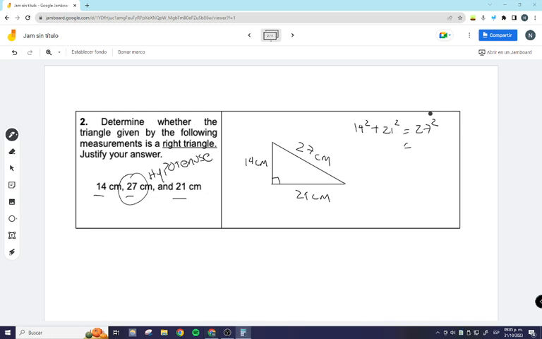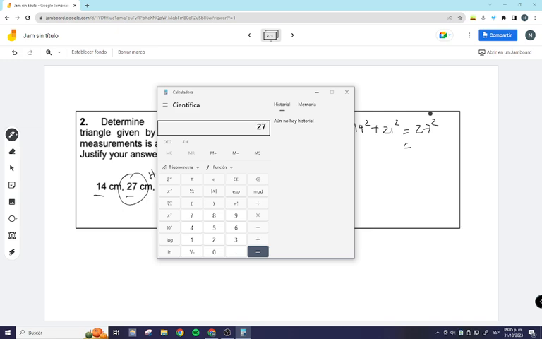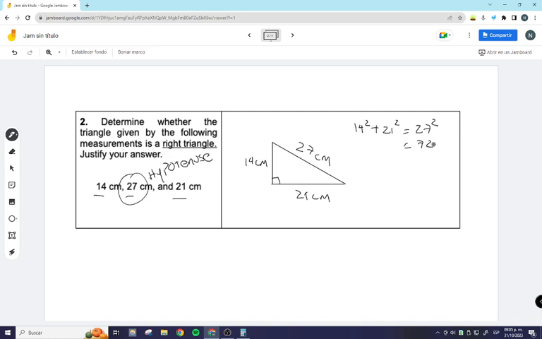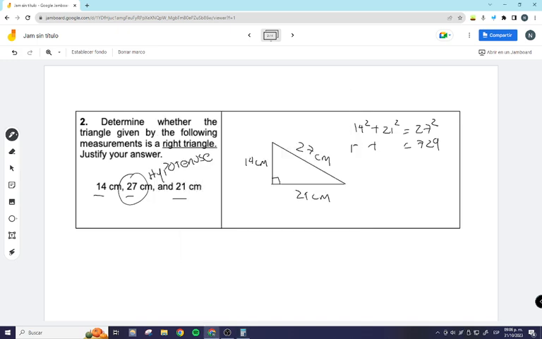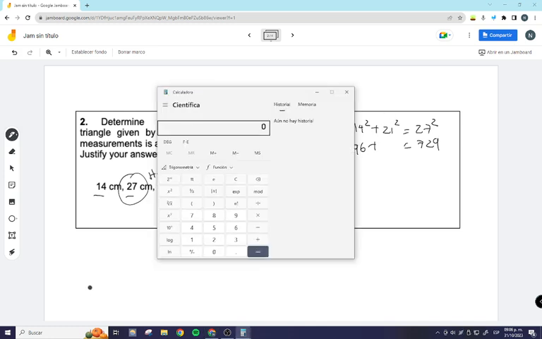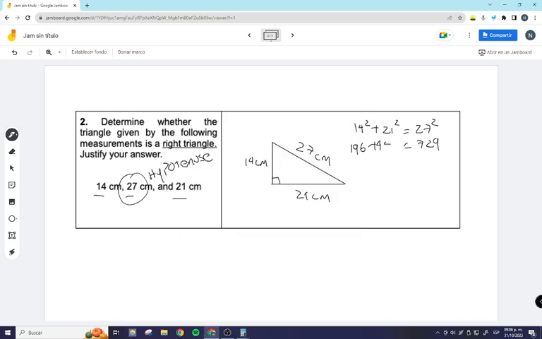So what's 27 squared? 27 times 27, which is 729. Now what is 14 squared? 14 times 14, 196. What is 21 squared? 21 times 21, 441.